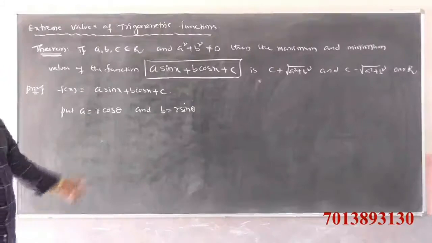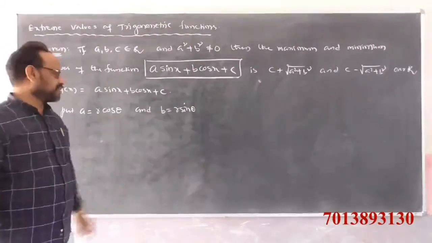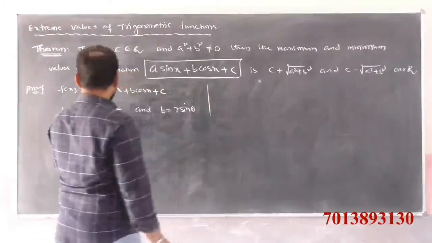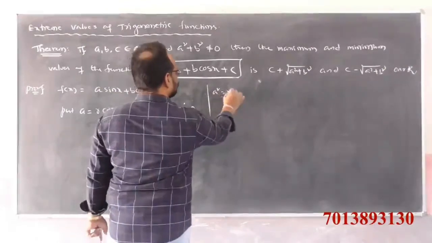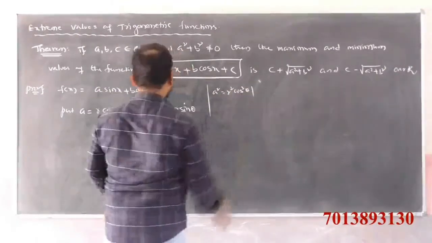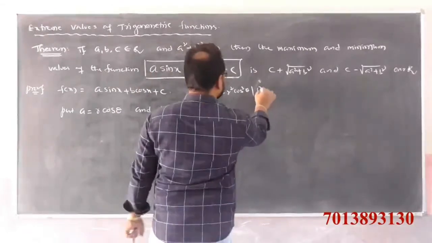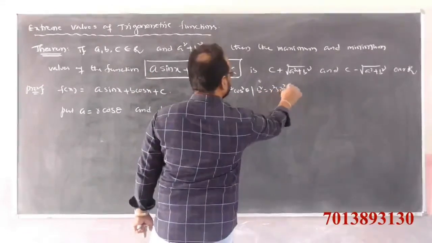What is the value of R? Observe here. Squaring both sides, a square equals R square cos square theta, and we get b square equals R square sin square theta.